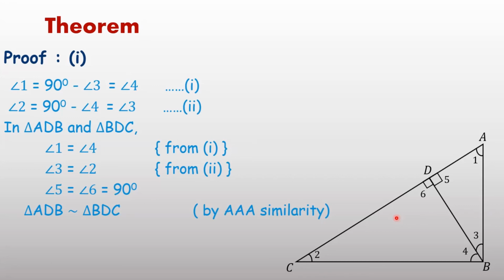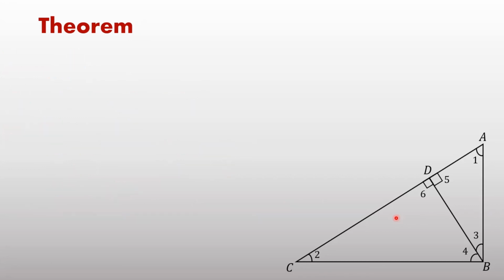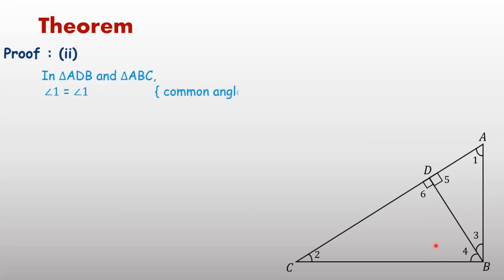Then in the next part you have to prove that triangle ADB is similar to the whole big triangle ABC. First, in ADB, the smaller triangle, and ABC, the whole triangle, angle 1 is common, present in both triangles.